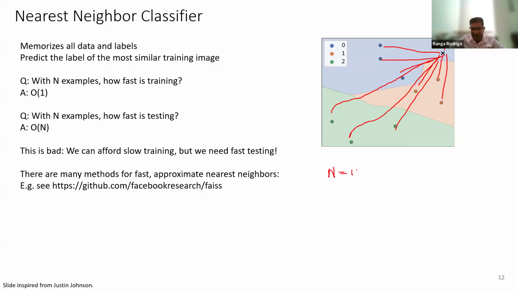Okay, there's no training required. But at testing time, that means when we are trying to find out what the label of this cross is, how many distance calculations did we have to do? So can we have a number as the answer?